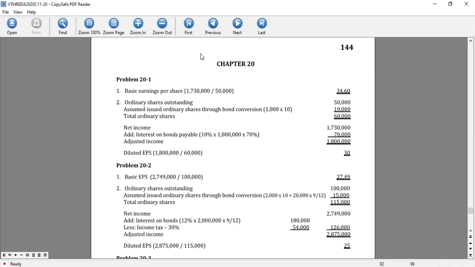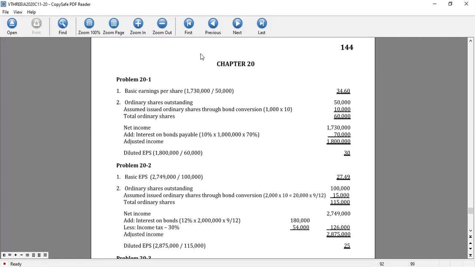But where the capital structure of an entity is complex, in the sense that it consists of ordinary shares and potential ordinary shares or potential diluters, the computation of the earnings per share becomes a little complicated. A potential ordinary share is a financial instrument or other contract that may entitle the holder to ordinary shares.